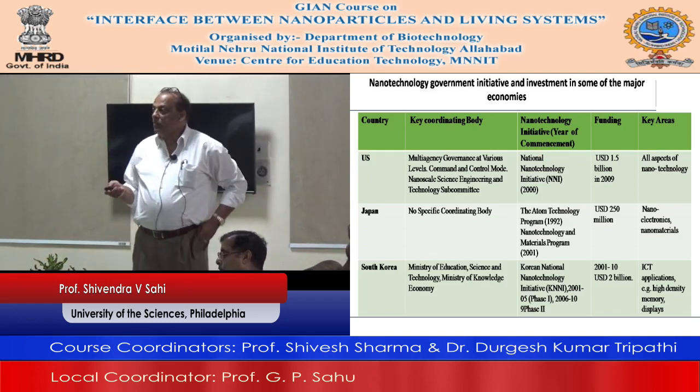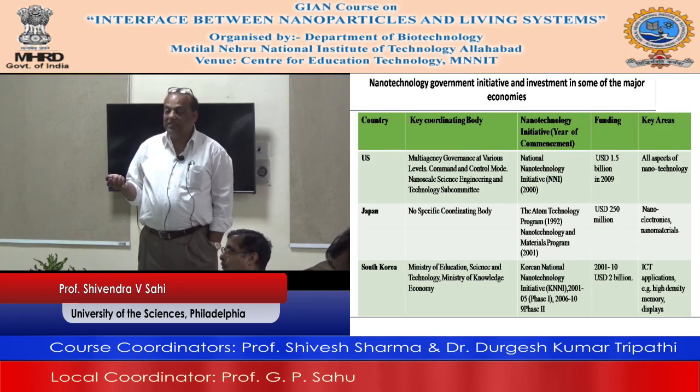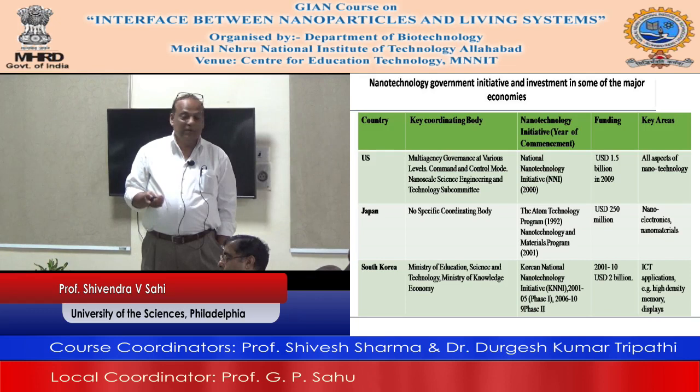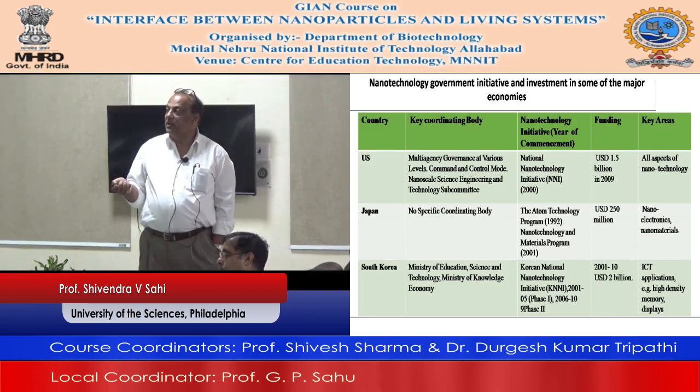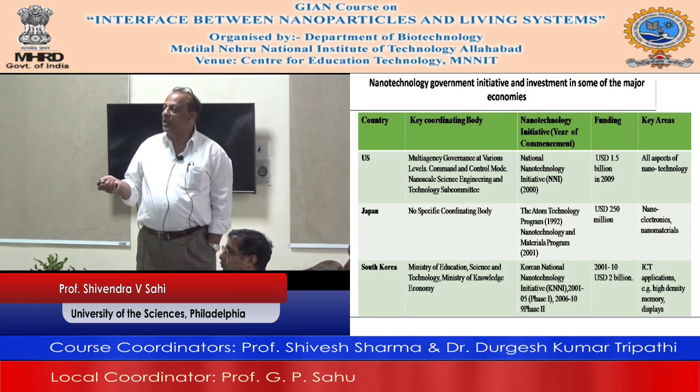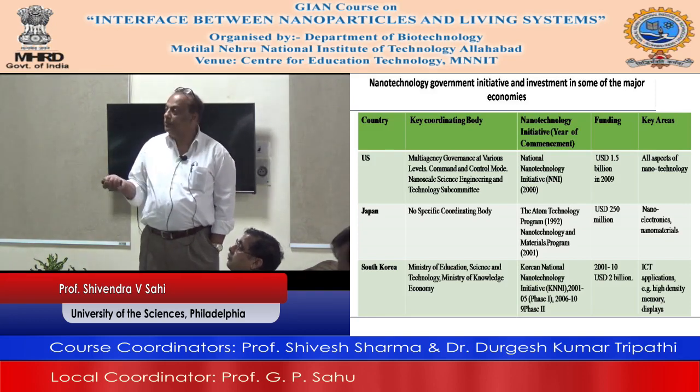China, as many of you know, is becoming a major country in nanotechnology. They have different bodies, such as the National Steering Committee for Nanoscience and Nanotechnology, and they started with somewhere around $250 million.